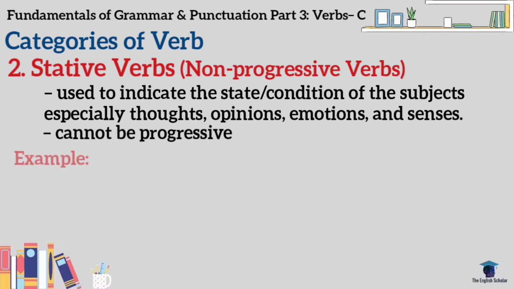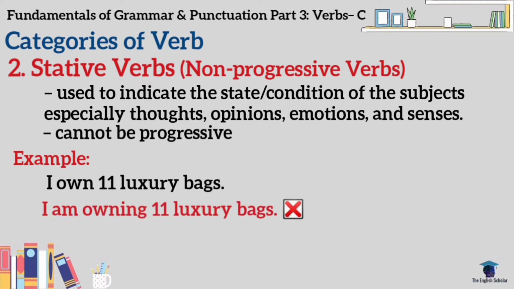For example, if you would like everybody to know that you own 11 luxury bags, then the right way to say this is, I own 11 luxury bags, instead of, I am owning 11 luxury bags. That is actually incorrect. See, the word own is a stative verb. Therefore, we cannot use them for continuous tenses.